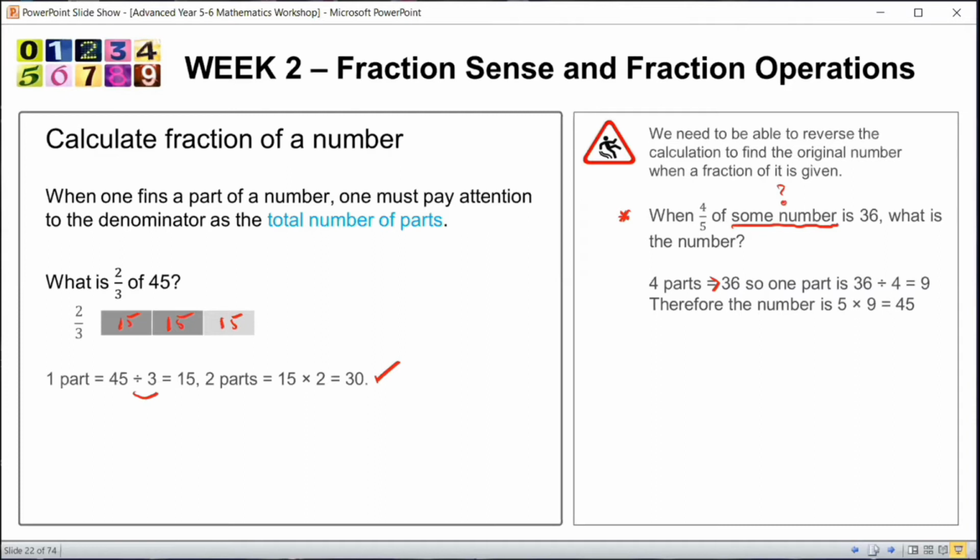So basically, you take the number 36, divide by the top number, the number of parts, and then times with the bottom part. So the number in this case is 45. That bit is important because sometimes you have to reverse an operation to be able to solve a math problem.